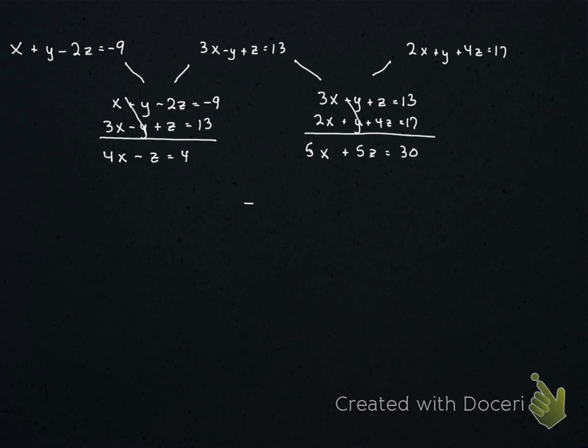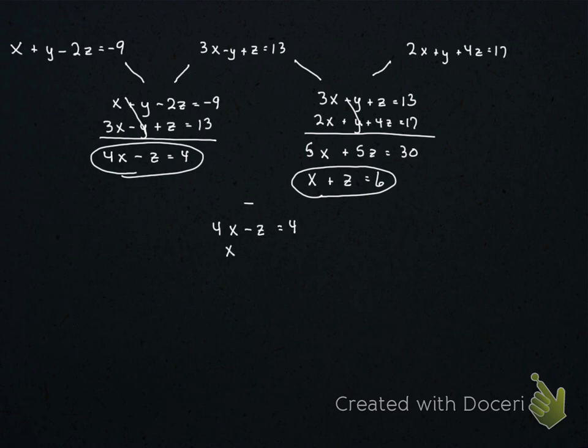Okay? Now, if you want to, you can just reduce everything by dividing by 5. And if we do that, we'll get x plus z is equal to 6. So we can use that equation along with the other equation that we just got, because both of them now only have x's and z's in them.